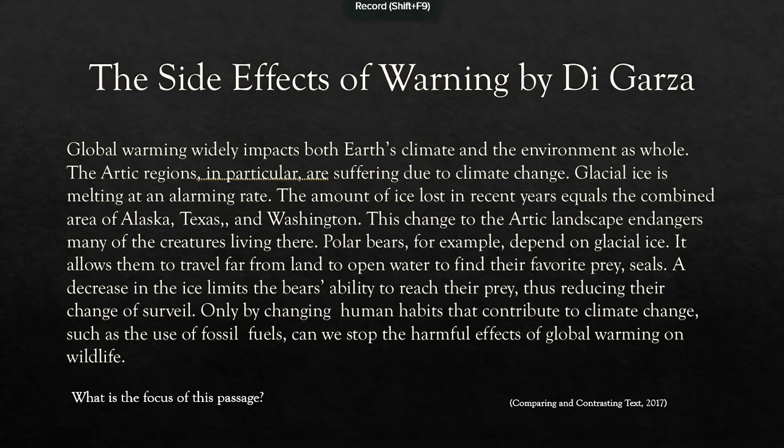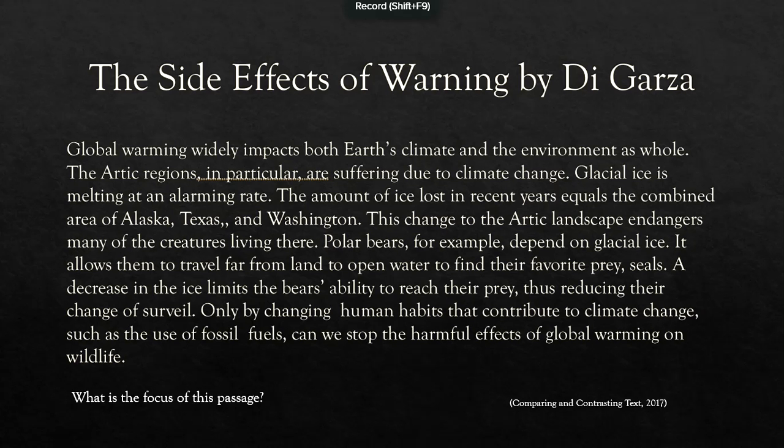Polar bears, for example, depend on glacier ice. It allows them to travel far from land to open water to find their favorite prey, seals. A decrease in the ice limits the bears' ability to reach their prey, thus reducing their chance of survival. Only by changing human habits that contribute to climate changes, such as the use of fossil fuels, can we stop the harmful effects of global warming on wildlife.